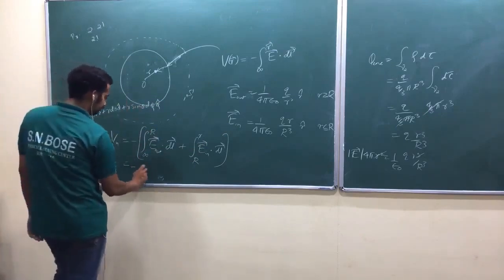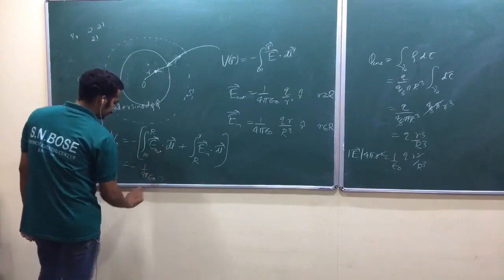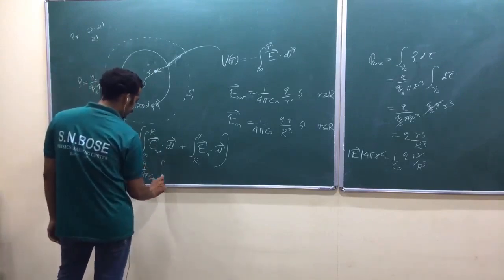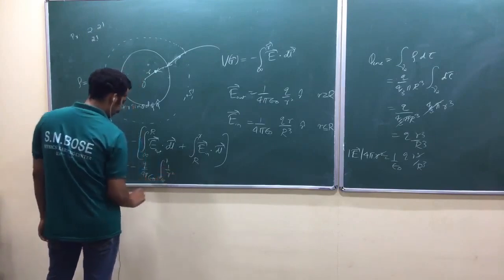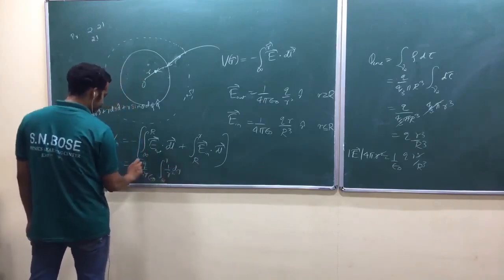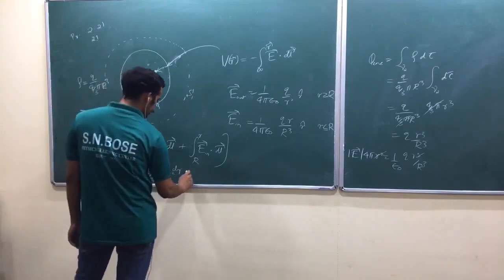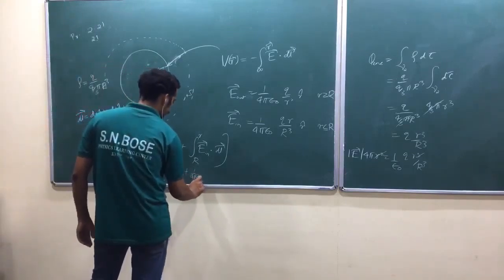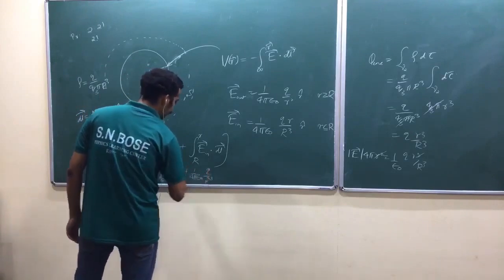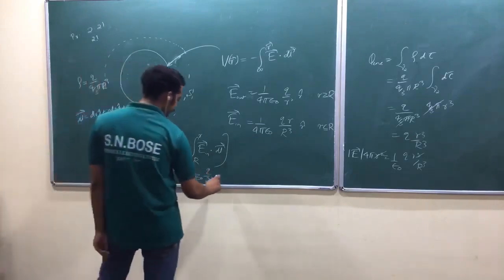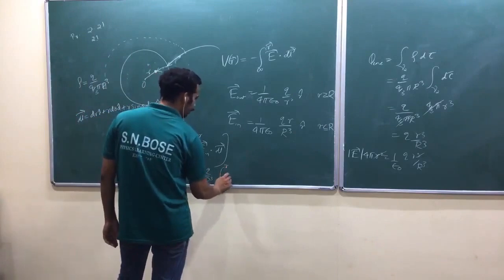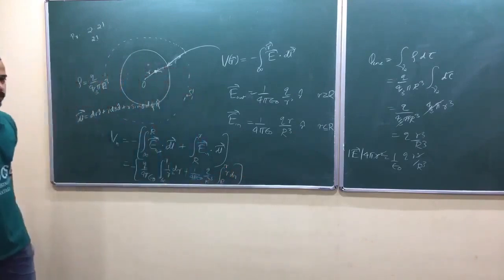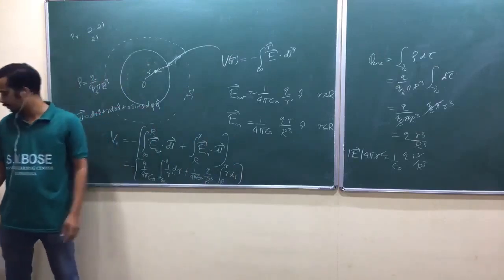So that's why minus 1 by 4 pi epsilon naught q by 4 pi epsilon naught integral infinity to R 1 by r square dr, that is the first part of the integral. So plus 1 by 4 pi epsilon naught q by R cube into integral R to small r r dr. Check it out. I'm writing the step directly after the dot product.